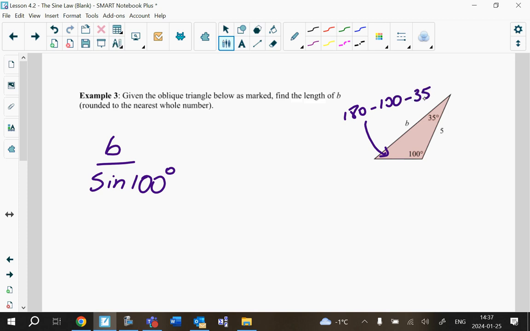So I have to figure this angle out first before I can use sine law. Now what does the other fraction look like? 5 over sine 45. And now I make them equal to each other, cross multiply, and then divide to get the variable by itself.